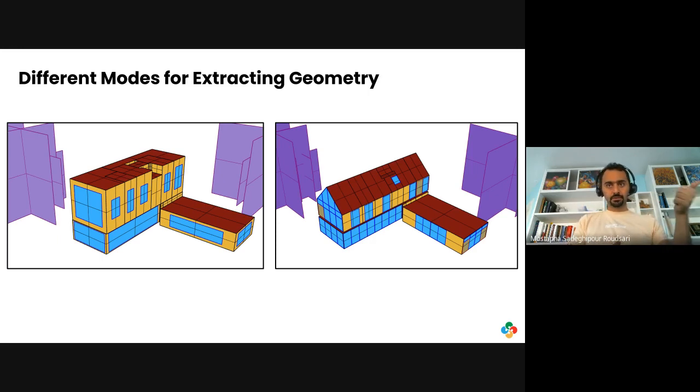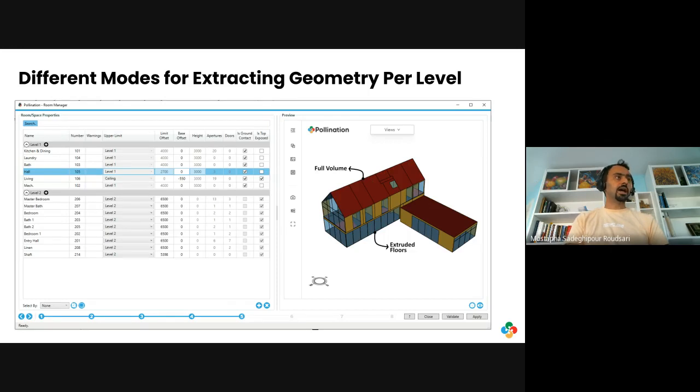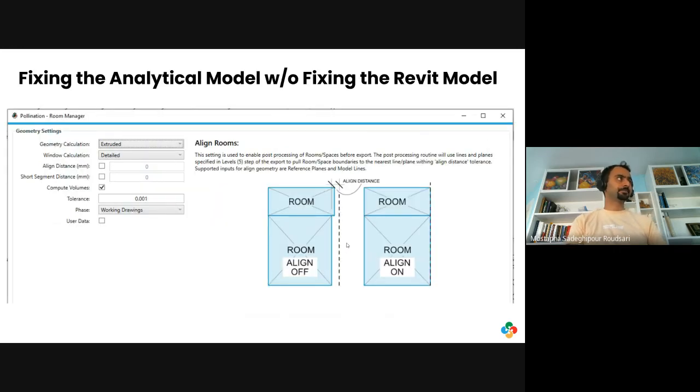That's what I used for the Revit sample model that I just showed, which needs minimum cleanup. So depending on your model and what you want, you have different options. And of course, you can mix them. In this model, the first floor is extruded, and the one on the top is a full volume model.